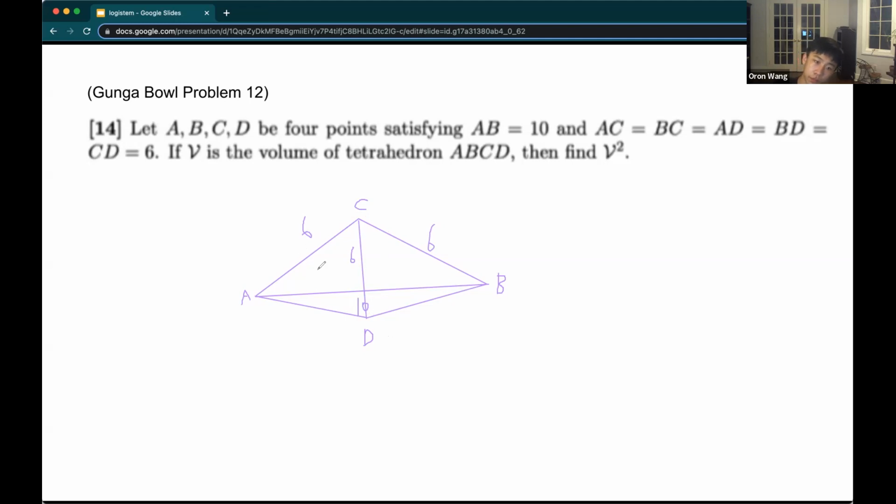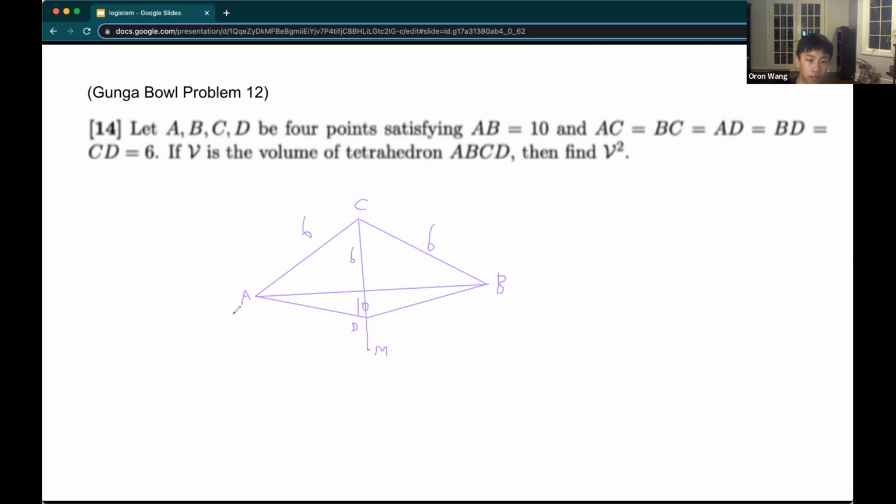Let's call that point M. And then what we notice is that since M is the foot of the altitude from point D down to the plane of triangle ABC, we get angle AMD, angle BMD, and angle CMD are all right angles.